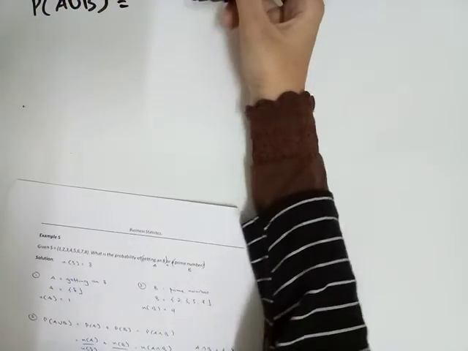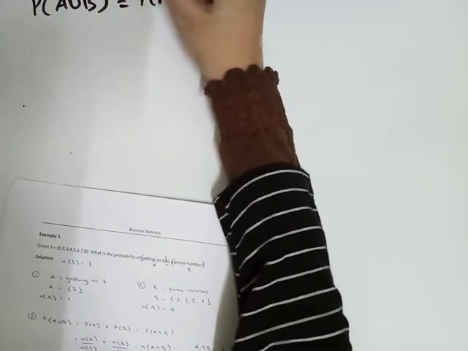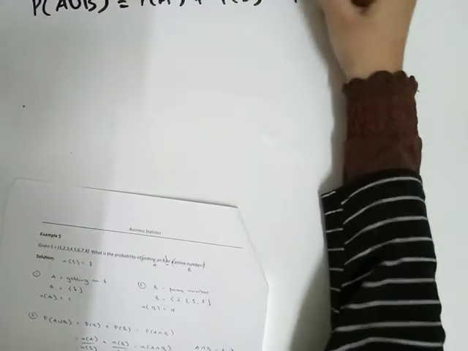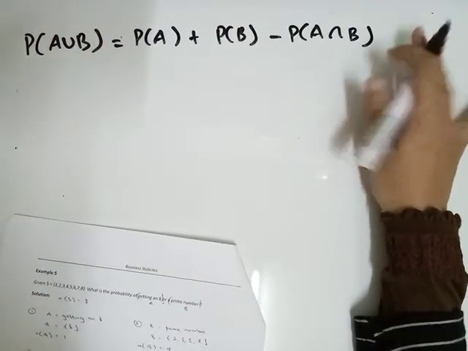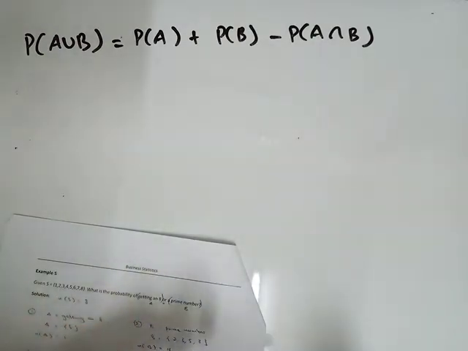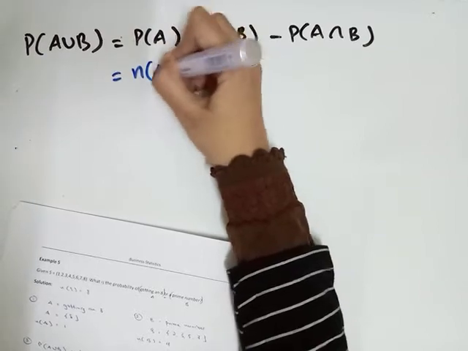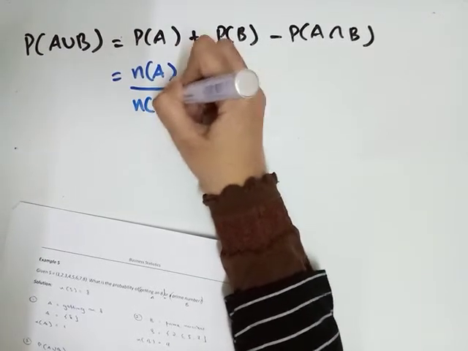So dah sample space. Okay, formula probability dia, A union B is equal probability of A plus probability of B minus probability of A intersect B. Okay, so we know that to find the probability of A, it is equal the number of element inside A over number of element in sample space.